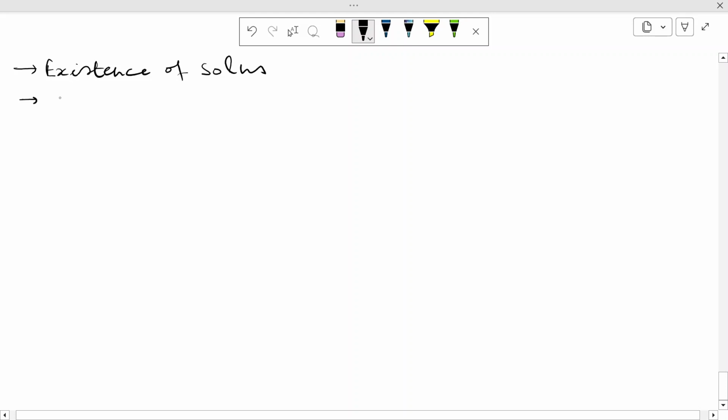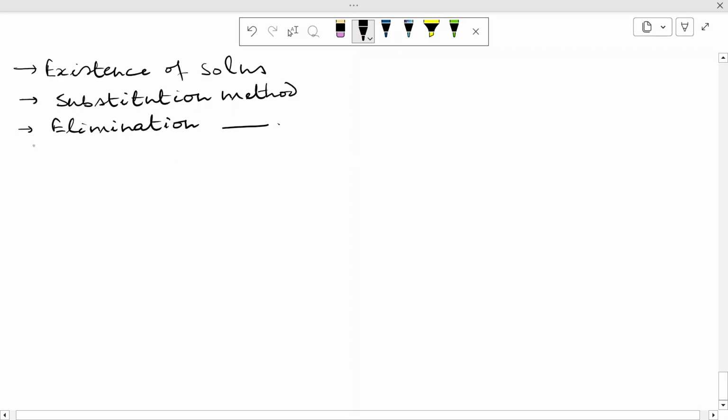One is the substitution method and the second one is the elimination method. These are the methods by which we can find the solutions of a system of linear equations.